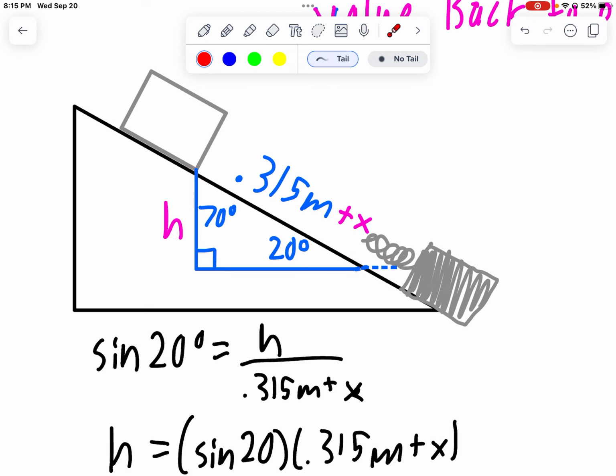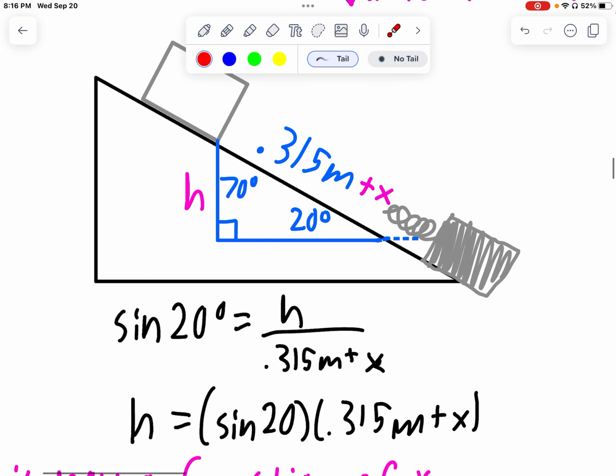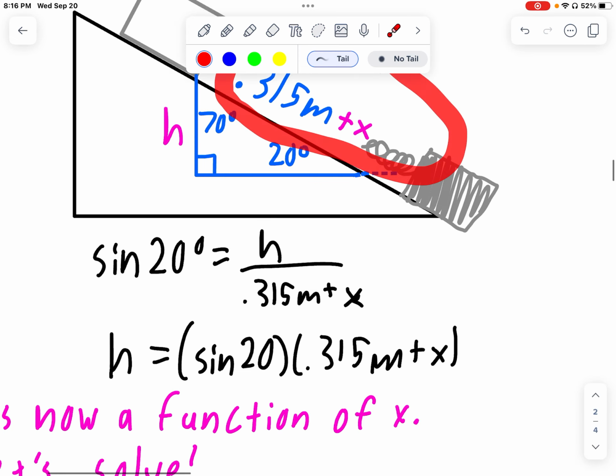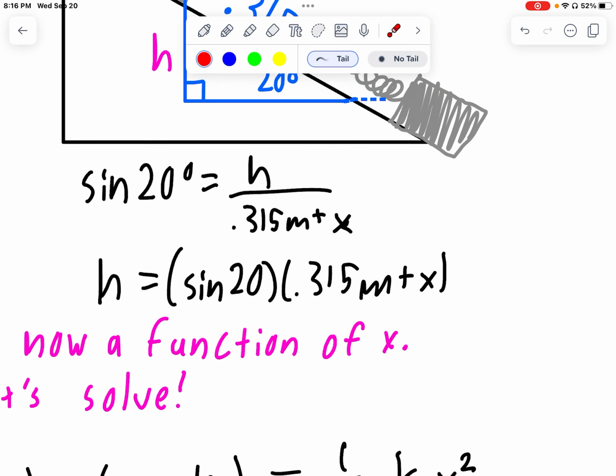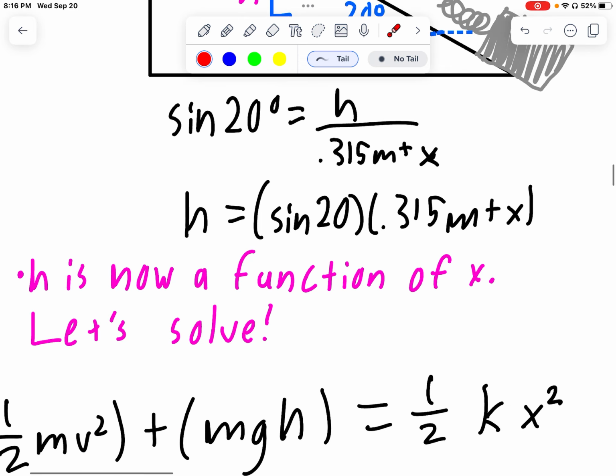We set up this triangle, which includes the distance between the block and the spring, as well as the distance that the spring is pushed back. Sine of 20 equals h over 0.315 meters plus x, and then we just multiply, and we've successfully put h as a function of x, which is really going to help us out.